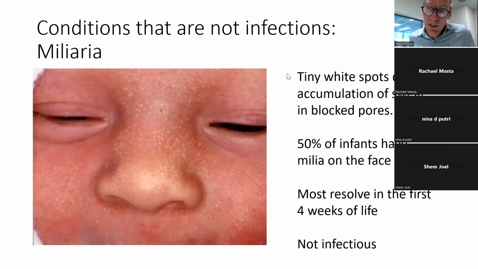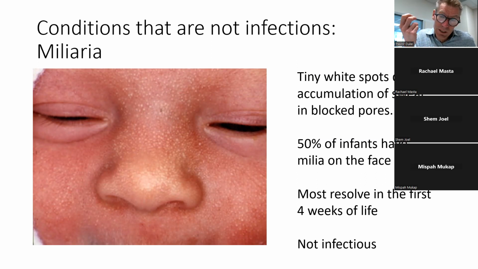This is another feature of newborn babies, and it is very common. About half of all babies will have these tiny little white spots. They're often called milk spots. They're just due to an accumulation of sweat in blocked pores in the skin. Most of them resolve within 4 weeks, but it does look different.